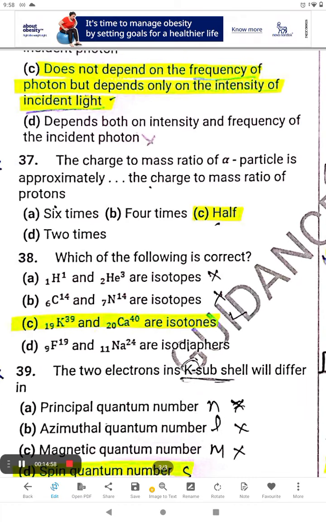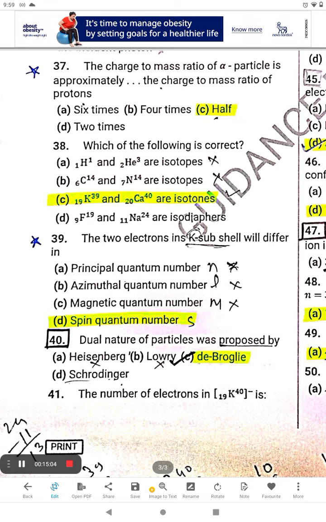The two electrons in the K subshell will differ in, of course, spin quantum number, because every electron has a different spin quantum number. It can be clockwise or anti-clockwise. Not principal quantum number. The principal quantum number will be the same, that is 1, right? And azimuthal quantum number in the K subshell.